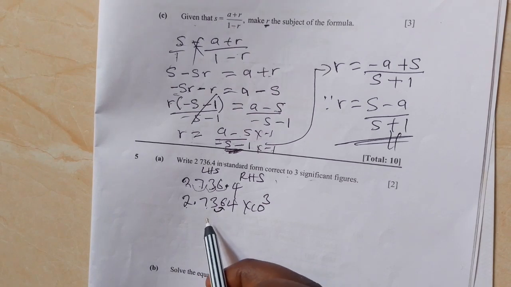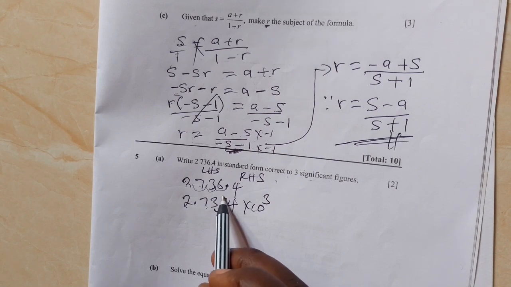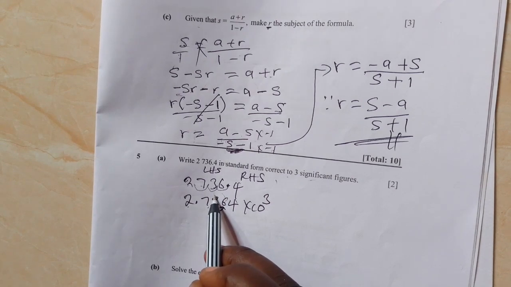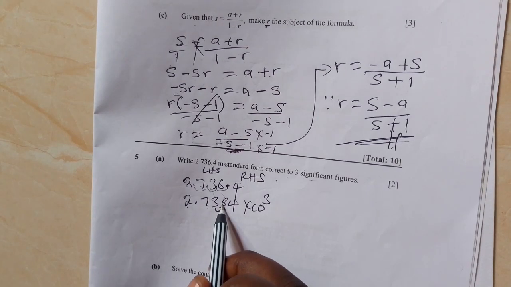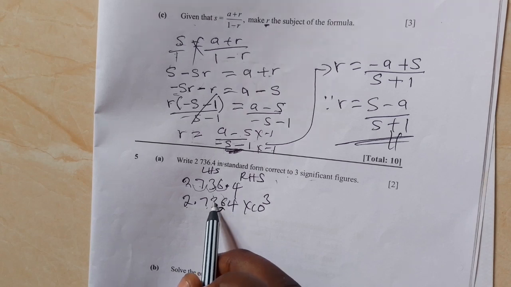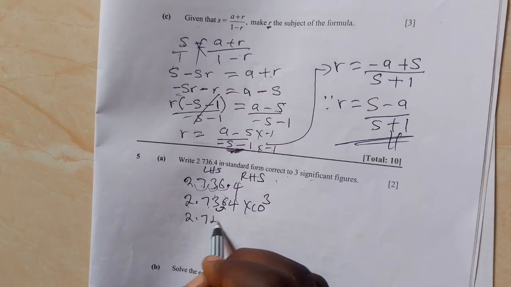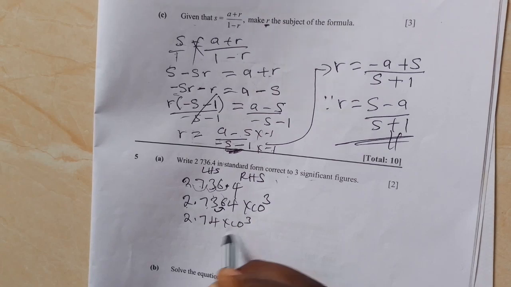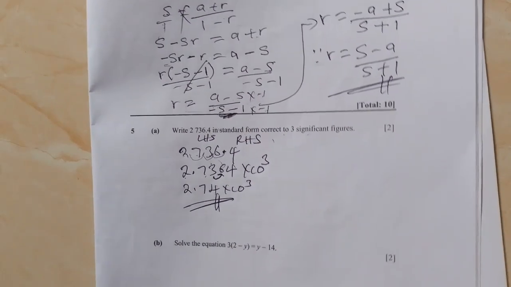If it is 5, 6, 7, 8 or 9, you get a 1 and add it to the number where you're standing. In this case 6 is more than 5, so you get the 1 from 6 and add it to 3. So you're going to have 2.74 times 10 to the power 3, and that is your answer.